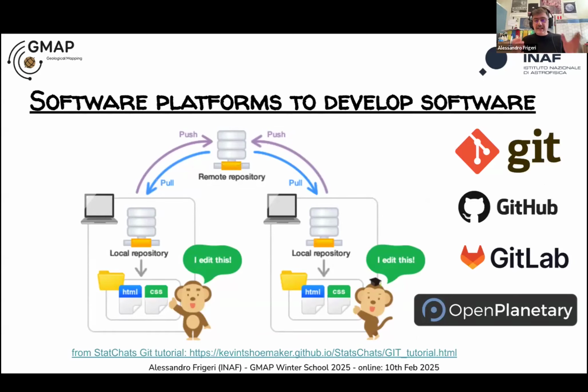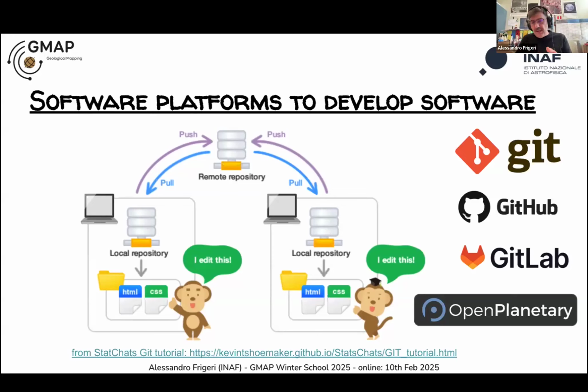Nowadays, we have Git, which is a mechanism with some online platform like GitHub or GitLab that enables people to work on the same code remotely without having to mess up, like writing two different things on the same line. So there are these mechanisms. I will not enter the details, but there are software platforms to develop software worldwide and in a collaborative way.